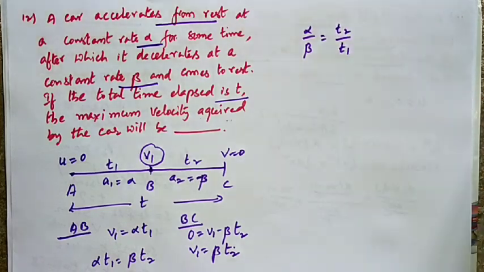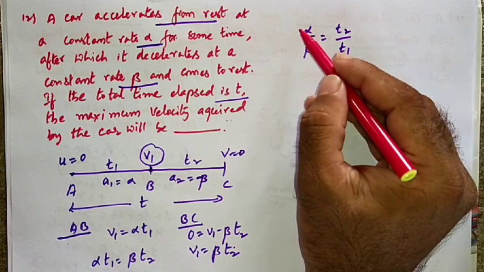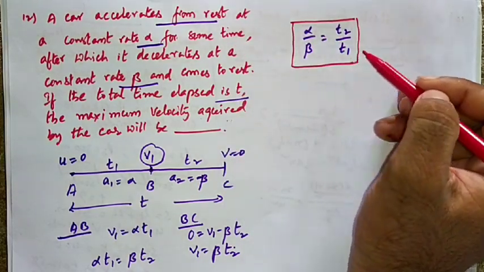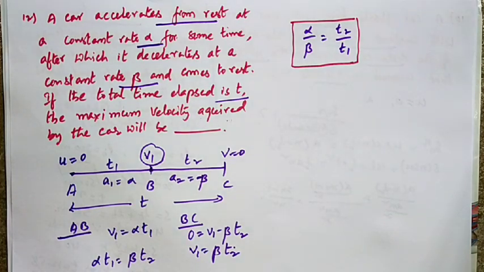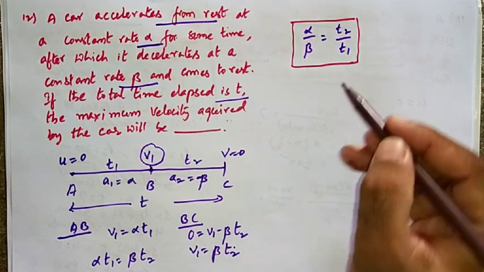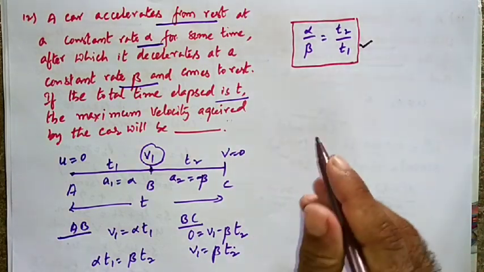This is a very important relation, remember that. When the body is moving in this manner, then the ratio between their accelerations is equal to the inverse ratio of their times taken. Remember this. This we will use in further problems.